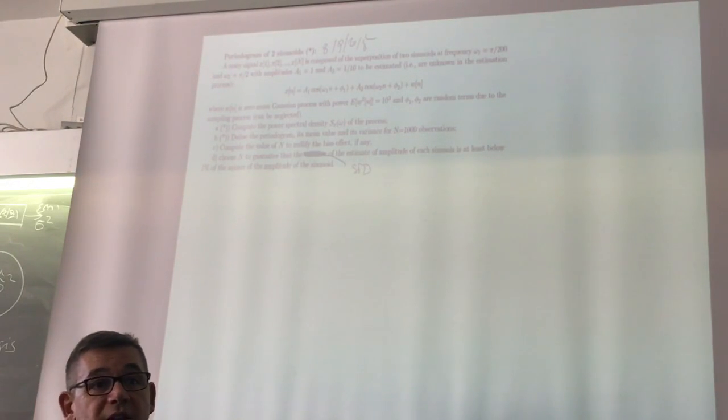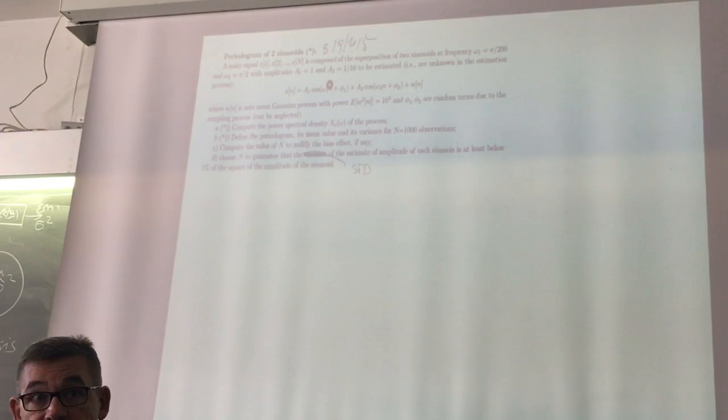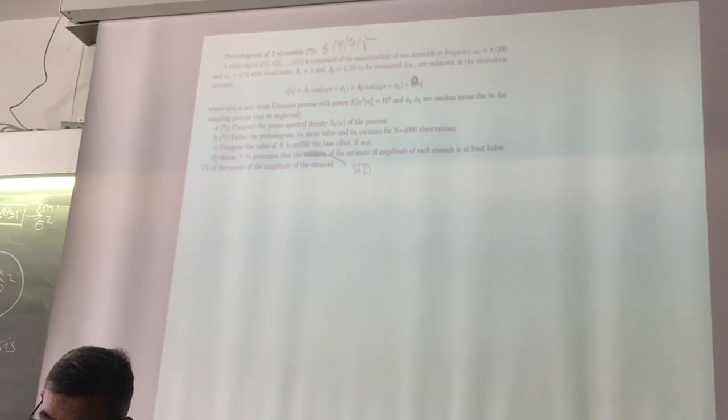So I generate the model with A1 equal 1 and A2 equal 110. A2 is smaller than A1. The amplitude is smaller. Now, Wn is a zero mean Gaussian process with power, it is white.